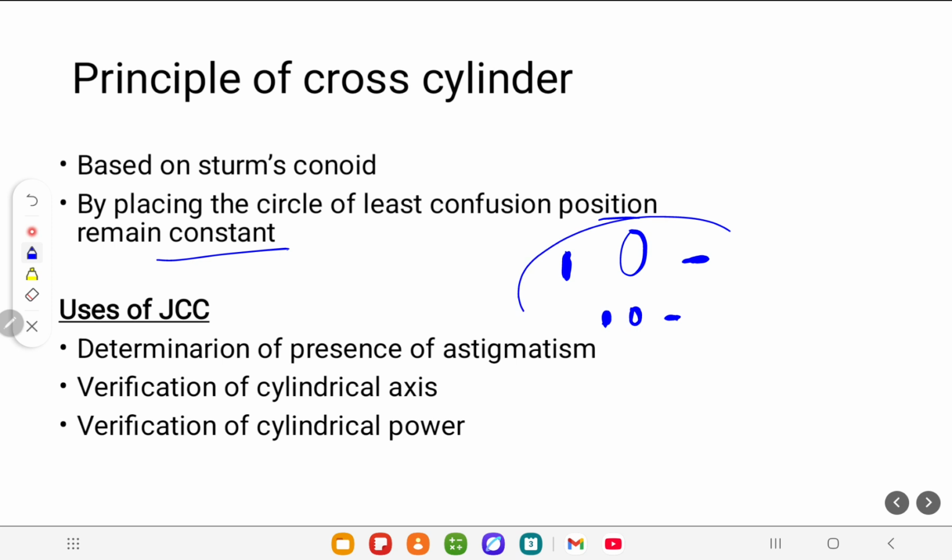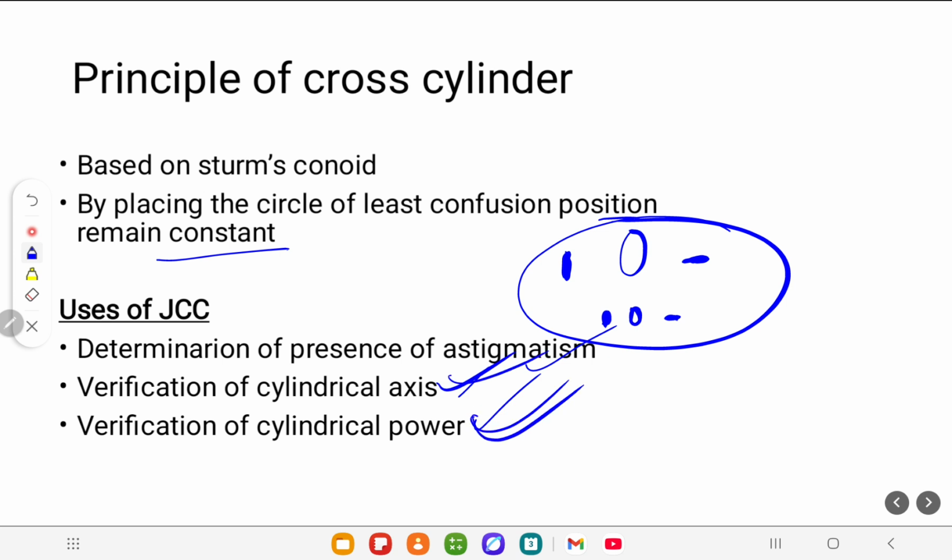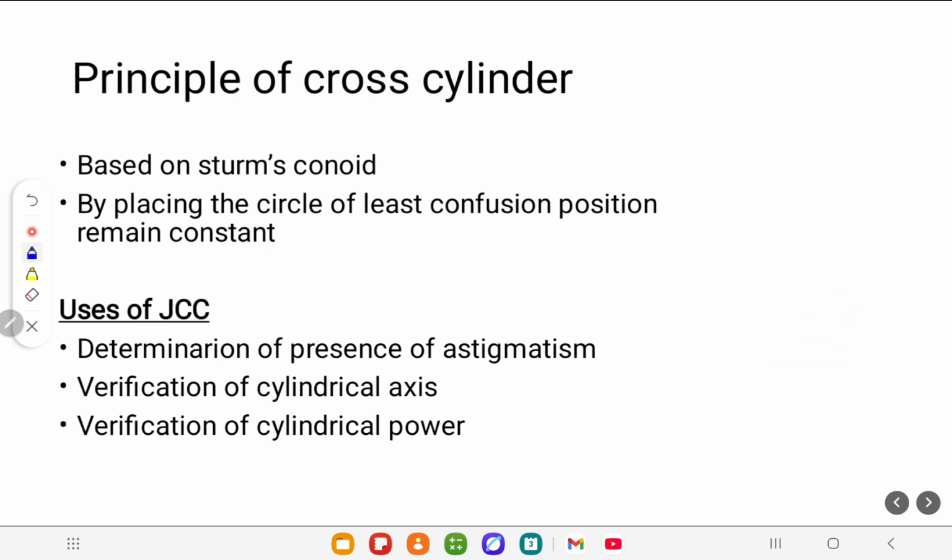This is how it works, not by changing the position of the circle of least confusion, but by changing its size. The use of the Jackson cross cylinder is to determine astigmatism. First axis, then power. It's always important to understand: first axis, and then power, because with the wrong axis there will not be the exact power, as we know from this formula, sine square theta. So you can explain it like that.